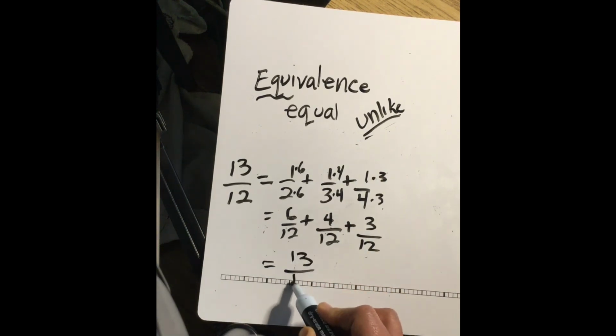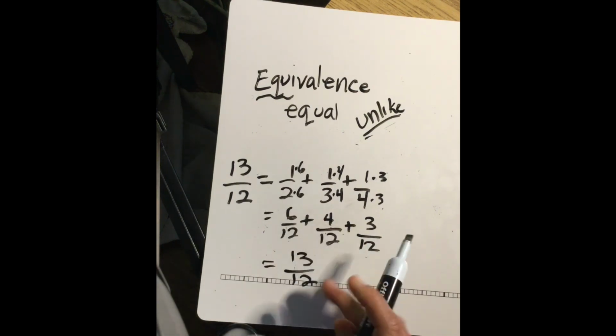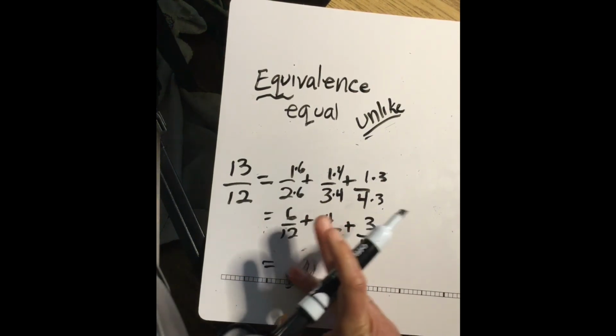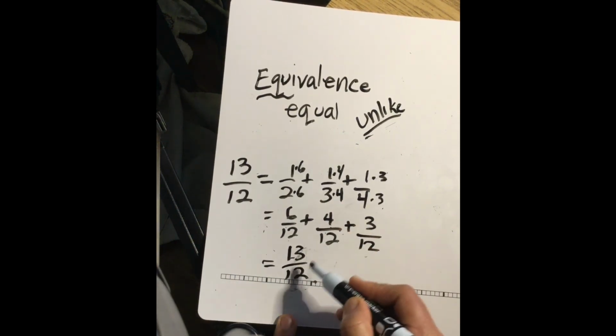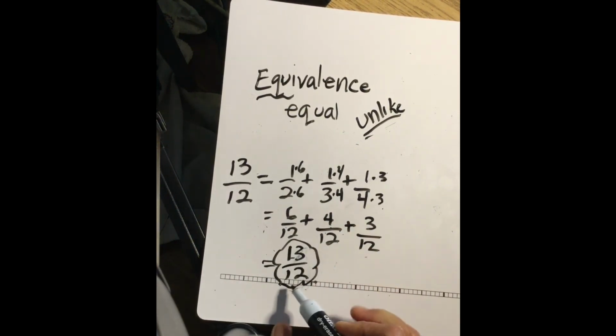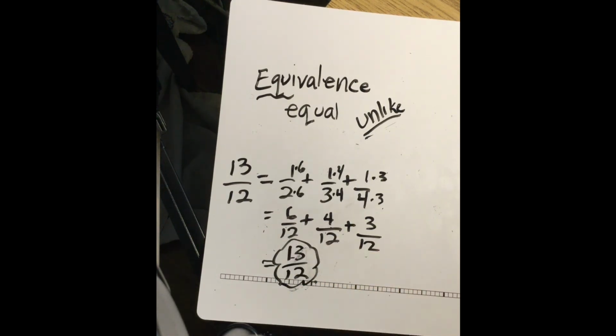And I'm leaving the denominator the same to see if I ended up with the same stuff. And I did end up with 13/12. All right, and in case you're wondering what this is, our little happy cloud system is saying that's the final answer. And I'm really happy. Looks like the ancient Egyptians were onto something.